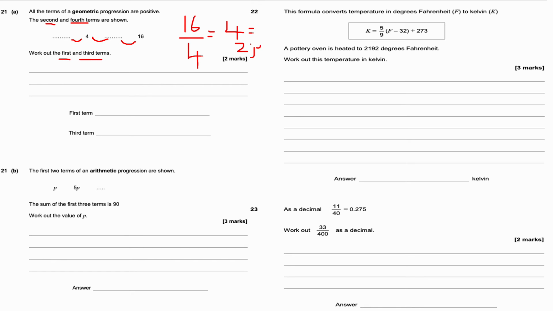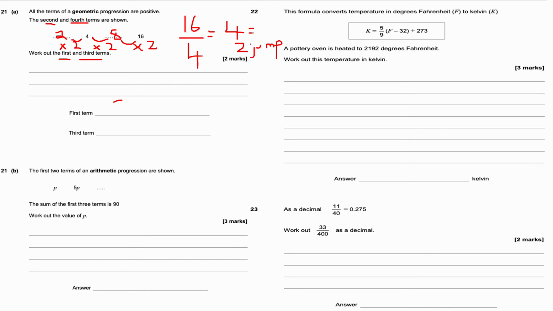So if I want to work out how much 1 jump is, well, 1 jump will be times by 2, because 2 jumps I'm times it by 4. Each single jump is times by 2. So 4 times 2 is 8, and then here, 4 divided by 2 is 2.